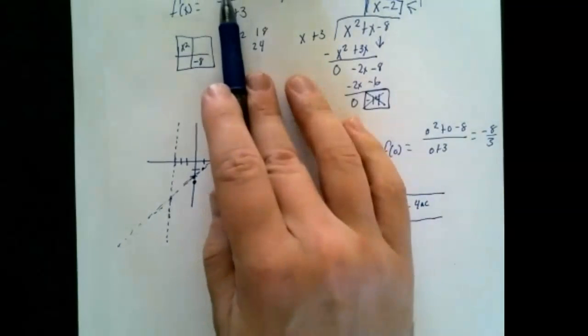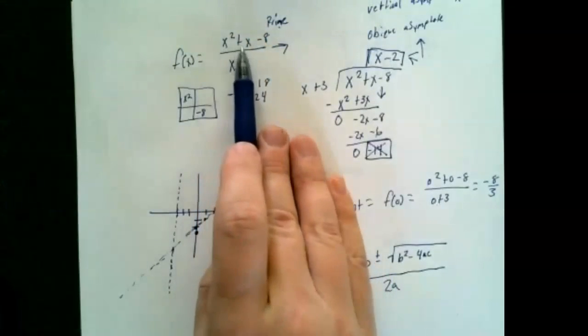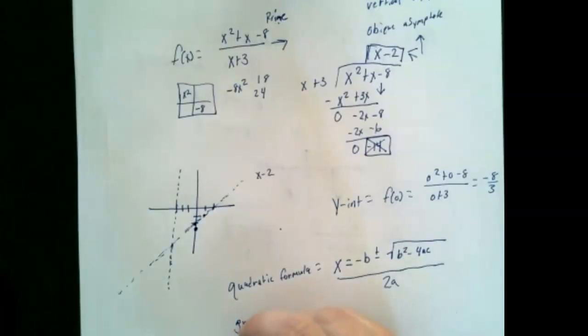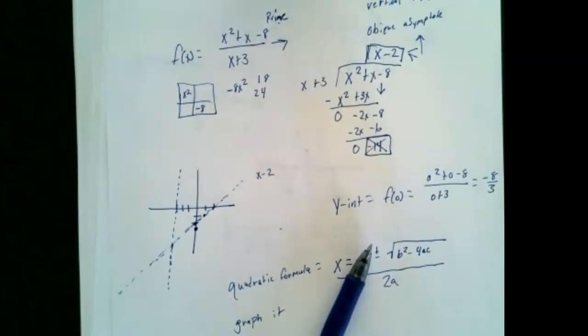And you would just plug this polynomial in with a, b, and c. Or you could graph it. And this is in the event that it's prime. If it's not prime, that means it's factorable. It's pretty simple. It's pretty easy.